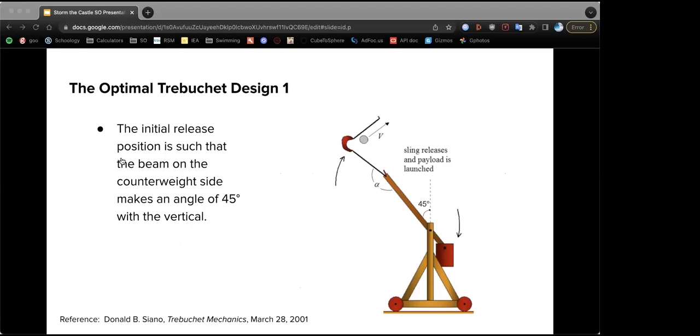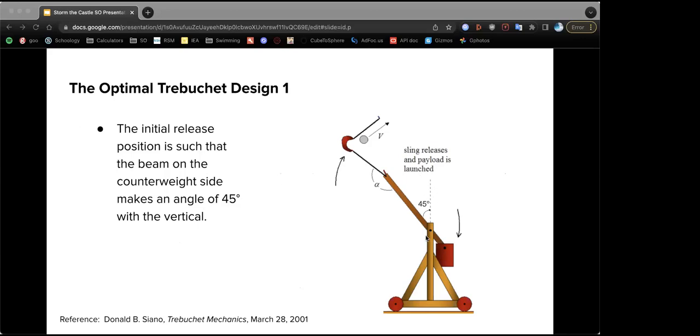All right, now we're gonna go over some tips that would definitely help when building your trebuchet, so that you can achieve great accuracy and great distance. The initial release position is such that the beam on the counterweight side makes an angle of 45 degrees with the vertical.